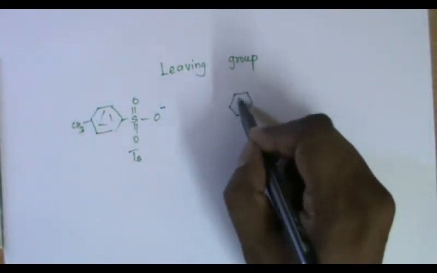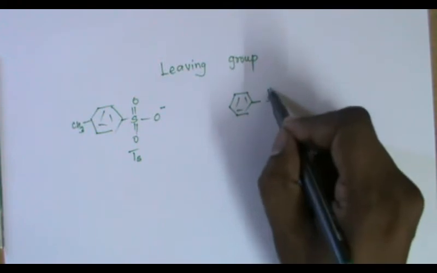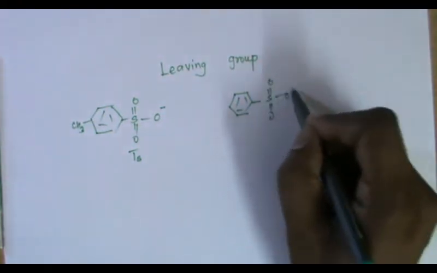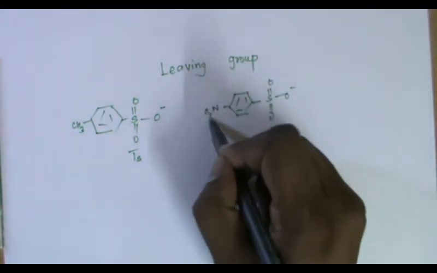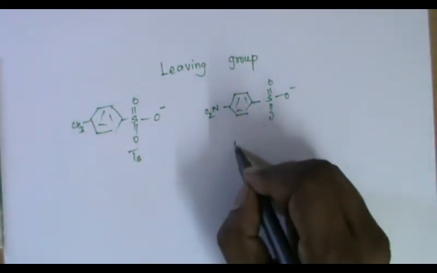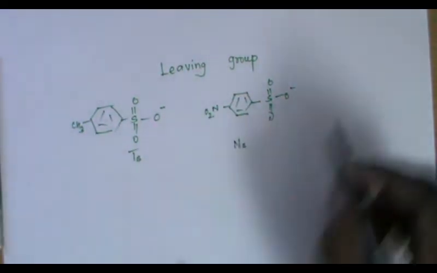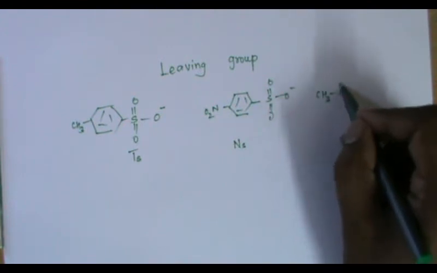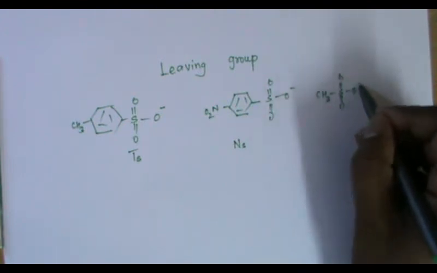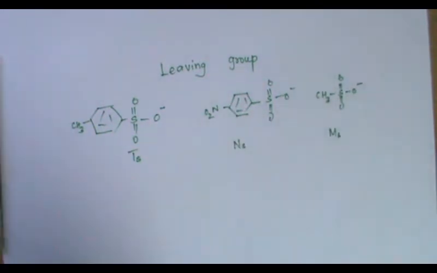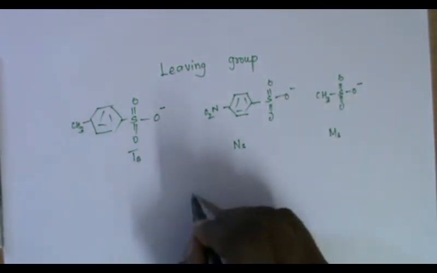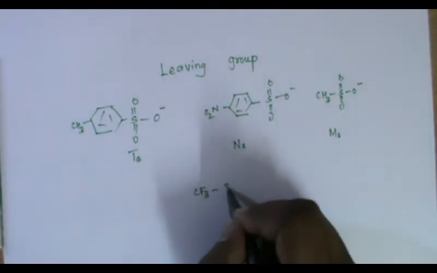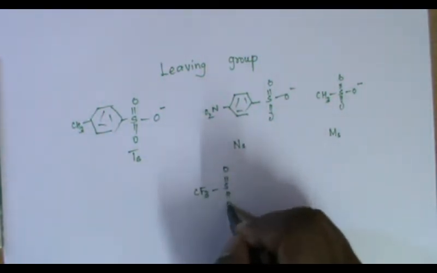We also have mesylate and nosylate, something like this. This is known as nosylate. For mesylate we have this one. This is mesylate. And also we have triflate. This is most common in organic synthesis.